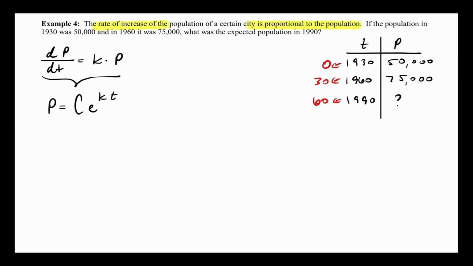Yeah, that's probably what I would do. Now, is it wrong if you do it the other way? No, but your calculations are going to be very big for no reason. I'd rather plug in 0, 30, and 60 than 1,930, 1,960, 1,990. So yeah, that would probably be easier to use for that.